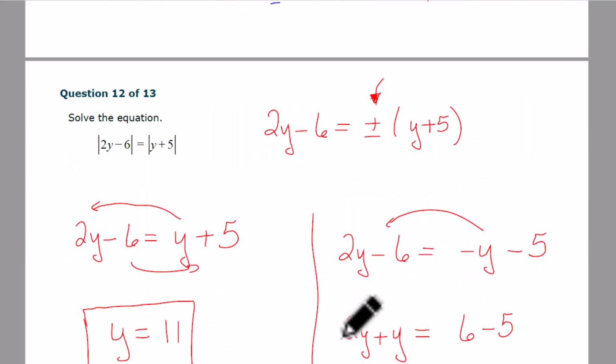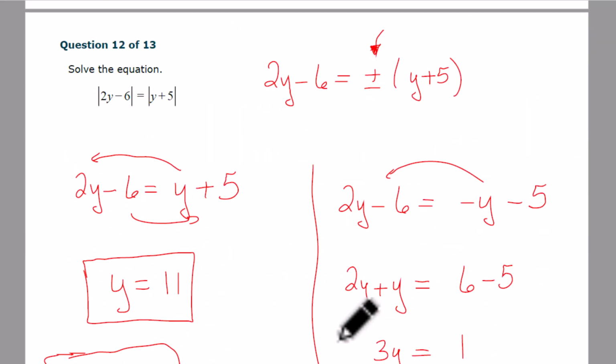Question 12, that's puzzling. I have an absolute value on both sides. Now, what that means is I have to do two cases. I've got this plus or minus business here on the right, similar to what we did with the number.